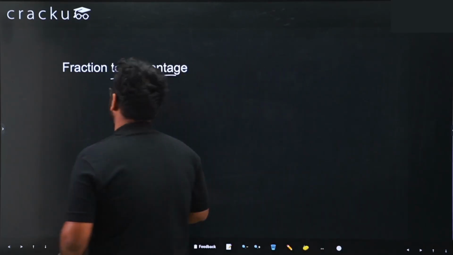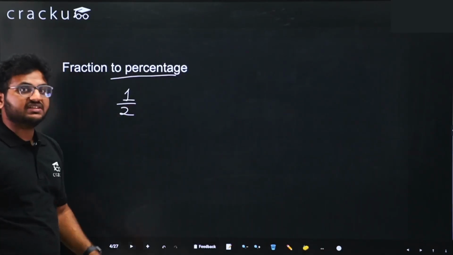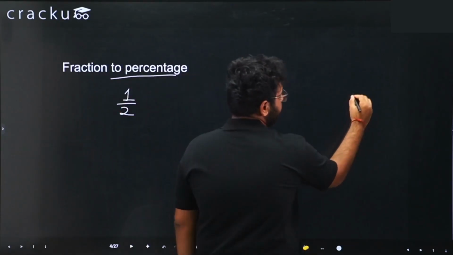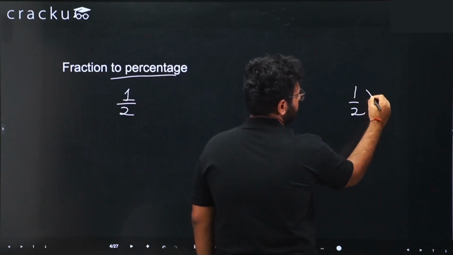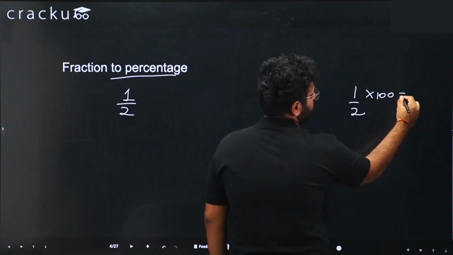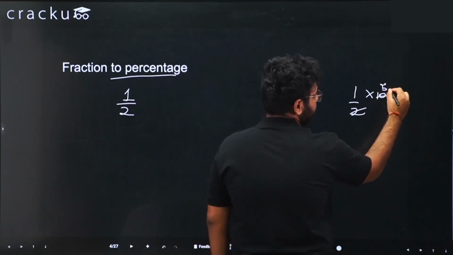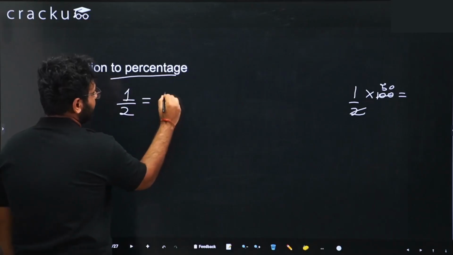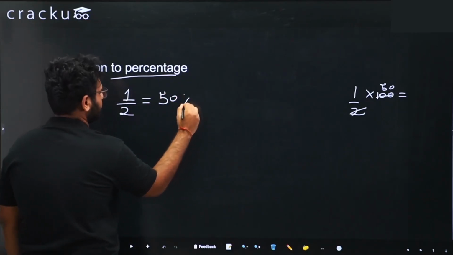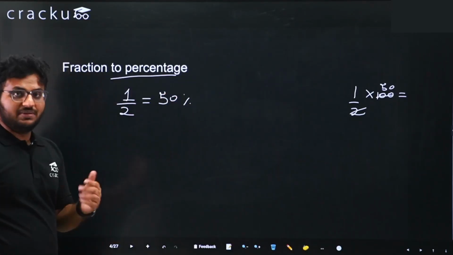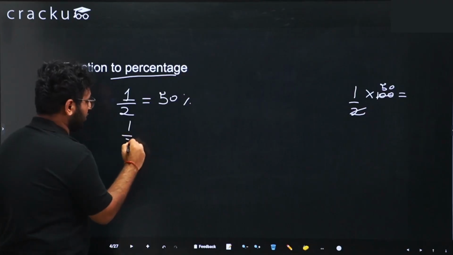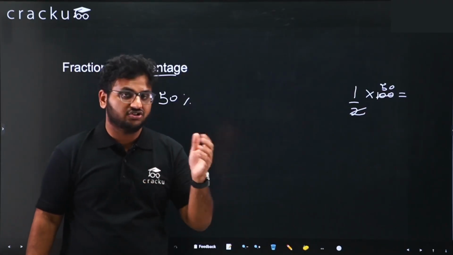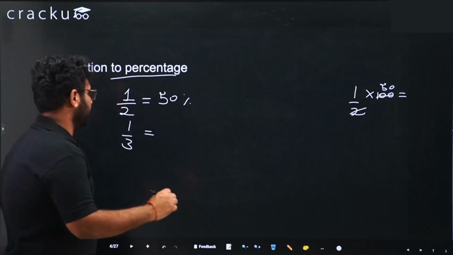When 1 by 2 is converted into percentage, it is 1 by 2 into 100. 2 fifties are 100, so it is equal to 50%. So 1 by 2 is equal to 50%. Now 1 by 3. 1 by 3 into 100 is 100 by 3, which is 33.33%.